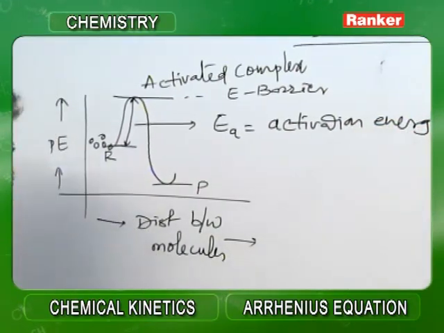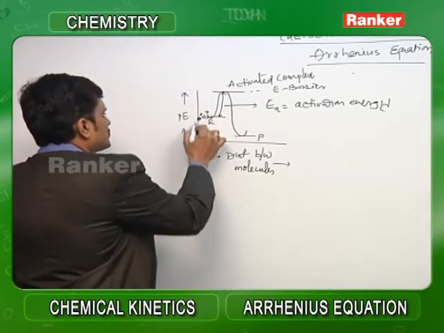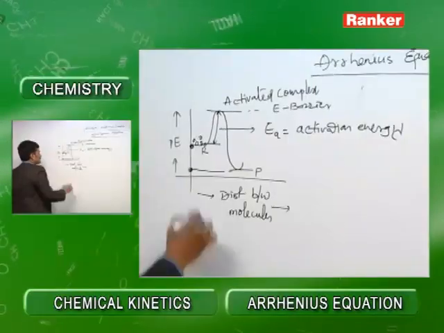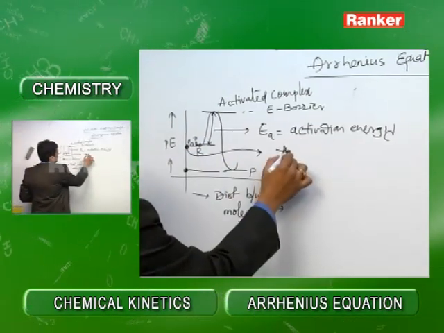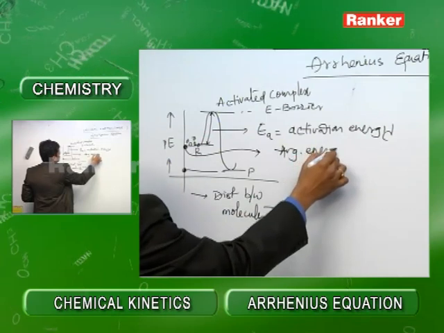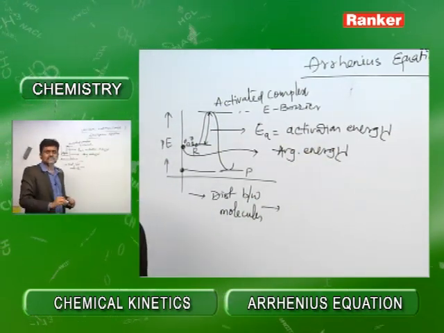Every system inherently possesses some amount of energy, either the reactant or the product, which we commonly refer to as the average energy, usually the internal energy associated with the particles.